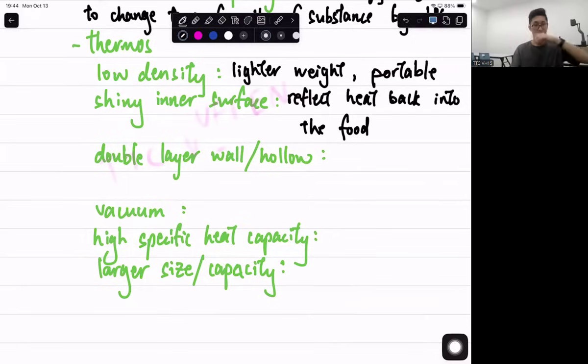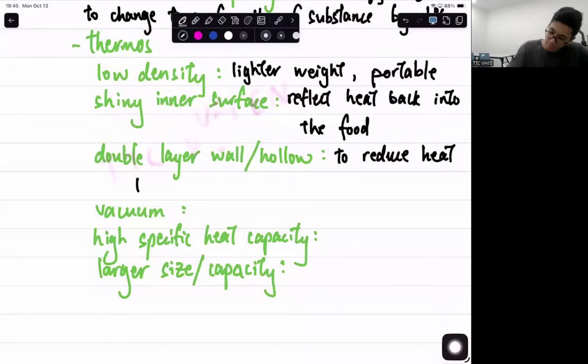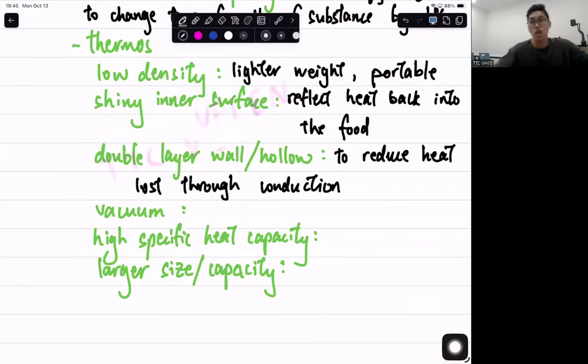So you can say this is to reduce heat loss through conduction, or you can just say reduce heat loss to the surrounding. Why? Because if you have air in between, air is a very poor conductor. That's another point also.